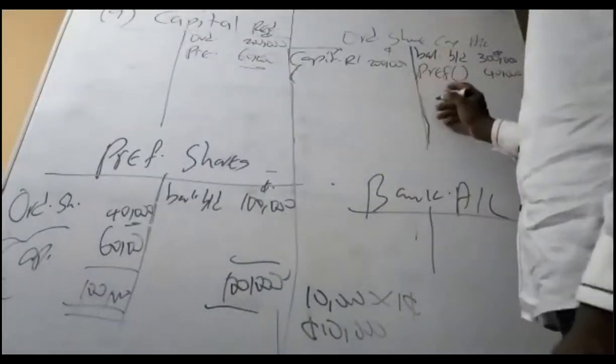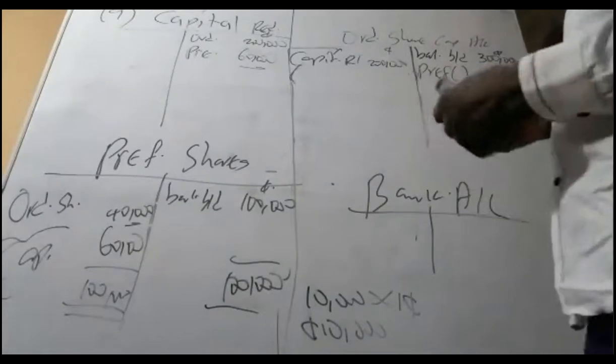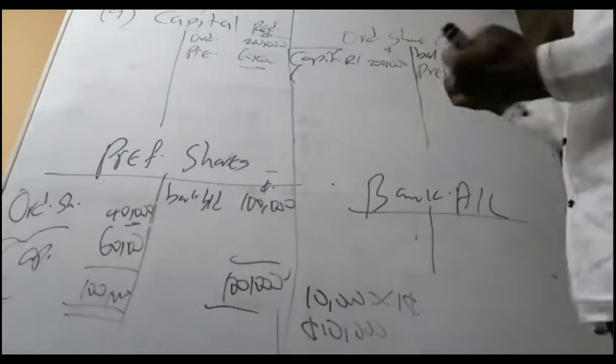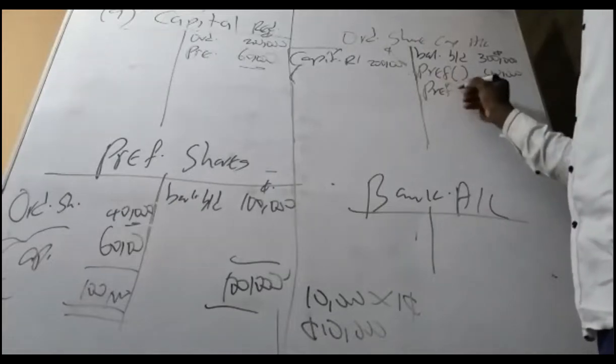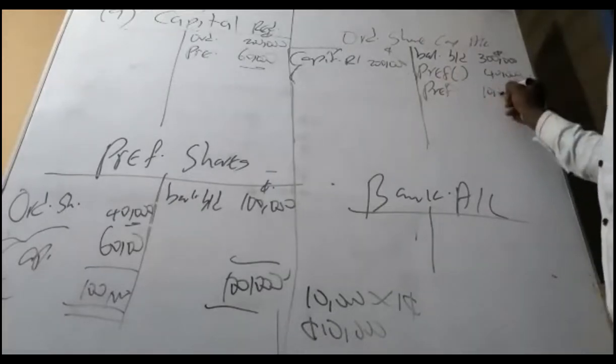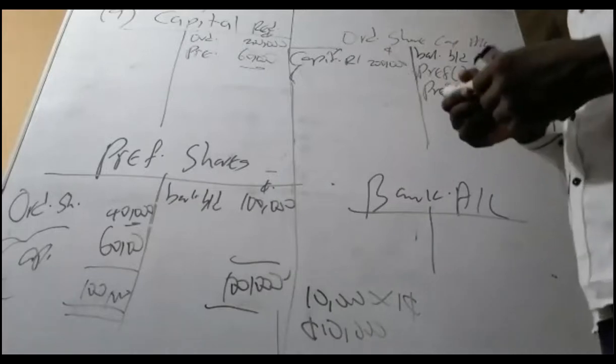So let's go and record it. Ordinary share capital, here it is. So I record it here, in the name of preference dividend in arrears, 10,000.